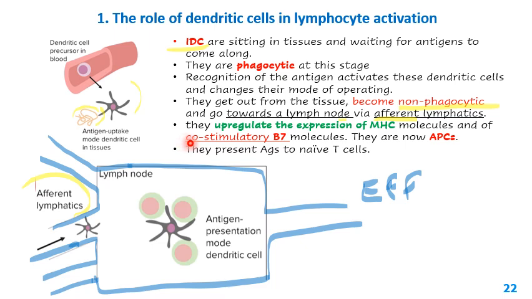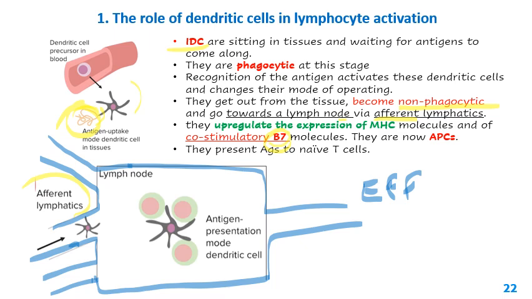They have a co-stimulatory molecule called B7. This is your dendritic cell, and it has B7 on its surface. It already had some B7, but after it ate the pathogen, it made even more B7.